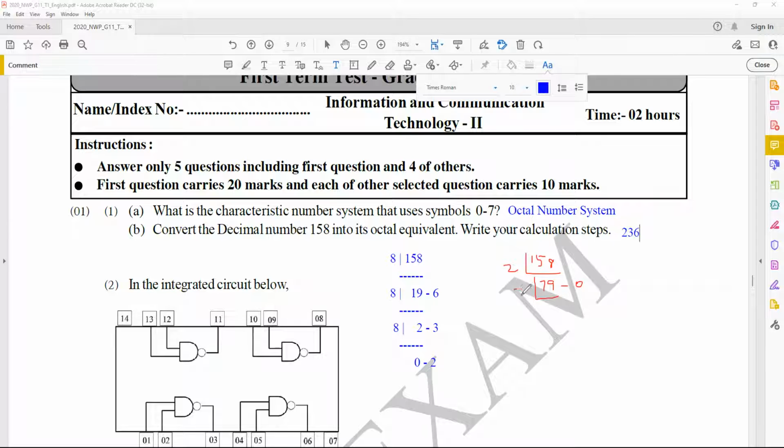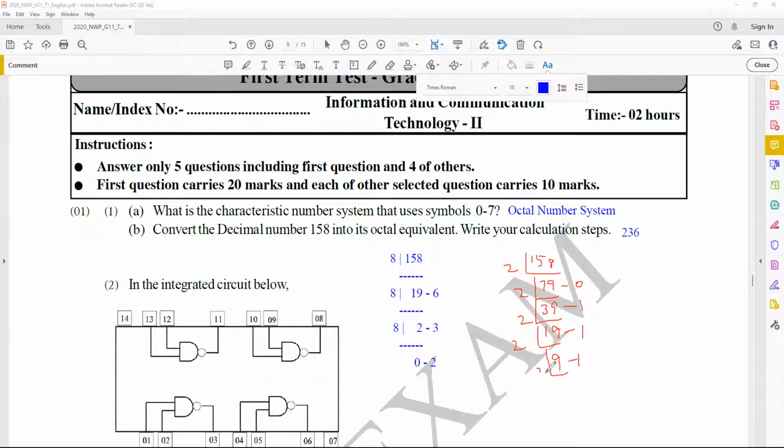And then again, you divide by 2, this is 39, and then the remainder is 1. Again, divide by 2, this is 19, the remainder is 1. And then again, you divide by 2, remainder is 1.